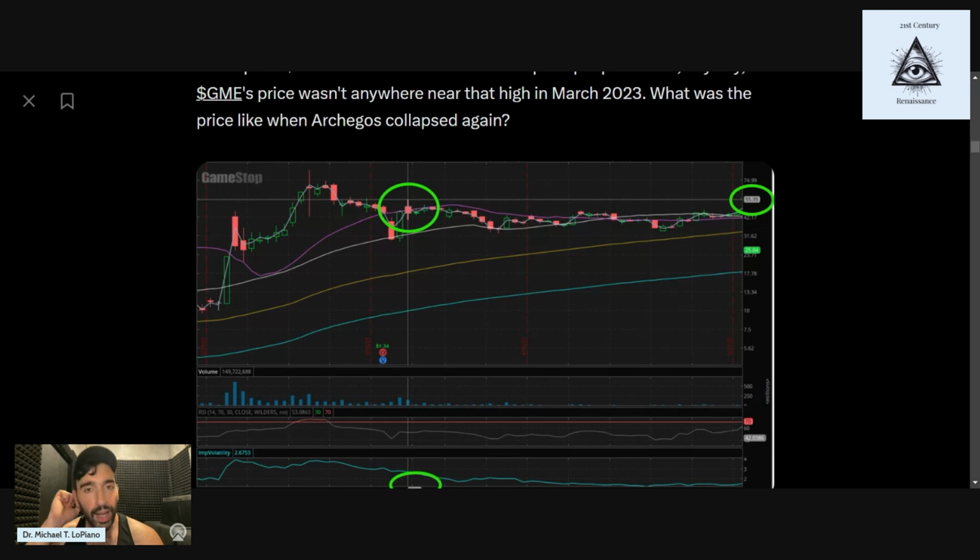So it seems perhaps like Archegos might have entered into a swap with Credit Suisse in one of their last days. Maybe they entered into it early, maybe it was before earnings, but somewhere in here we had a lot of days where GameStop easily, a swap could have been entered into at that price.